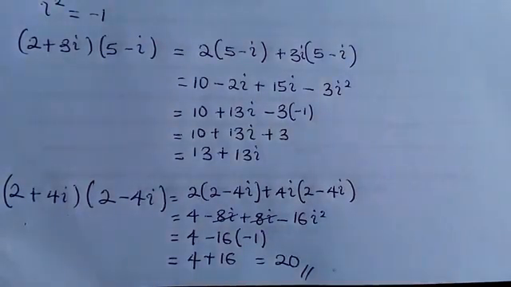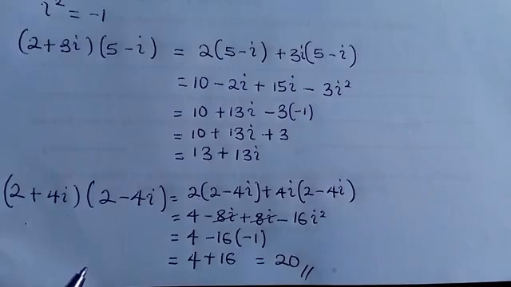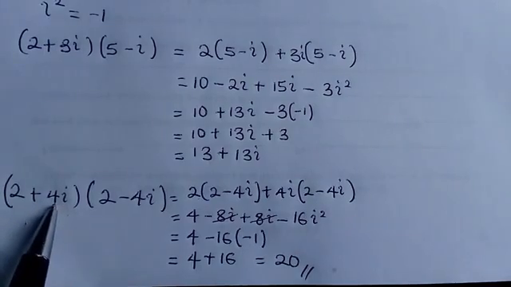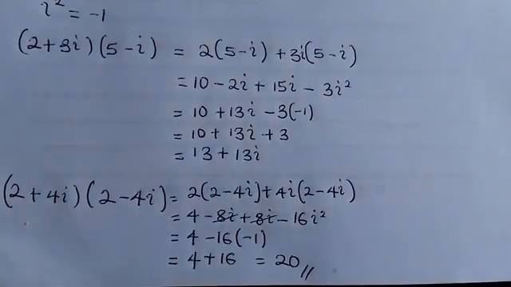This is because of plus or minus 4i. You have positive 4i in the first complex number and you have negative 4i in the second complex number. That is why their multiplication gives us a real product.